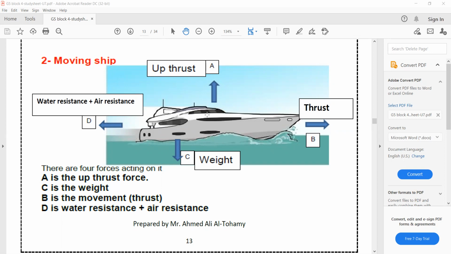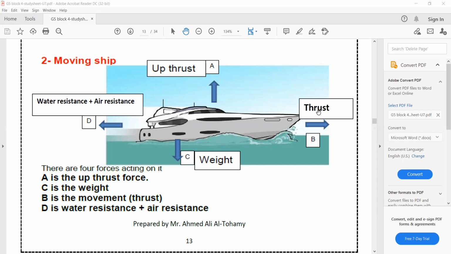These forces, of course, are balanced forces because the ship does not move upward or sink in the water, and they have the same magnitude, of course, and opposite directions.